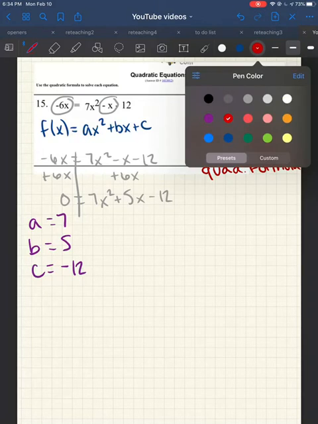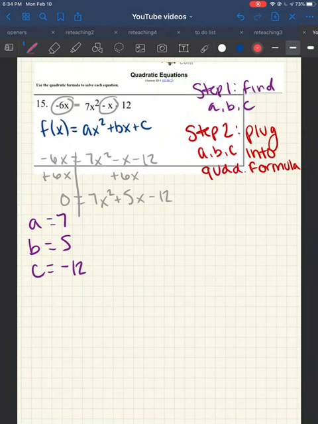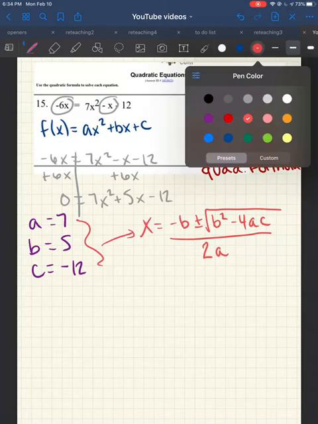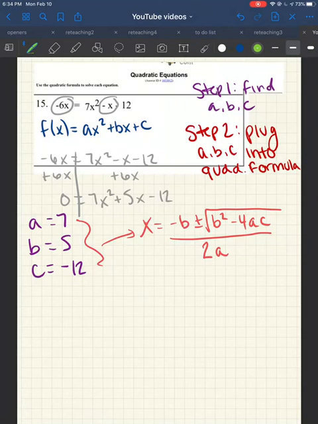Okay, what is the quadratic formula? We have x equals negative b plus or minus the square root of b squared minus 4ac, and this is all over 2a. So what I'm doing is taking this information, plugging it in here.